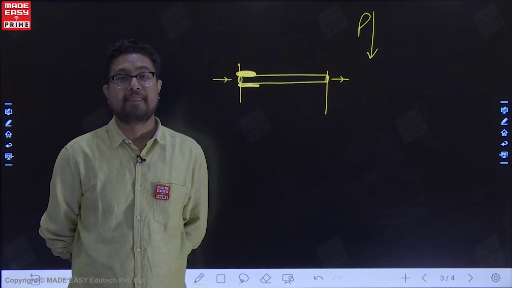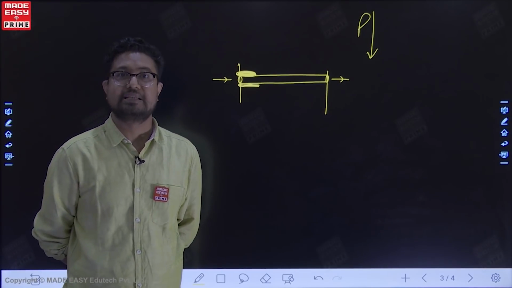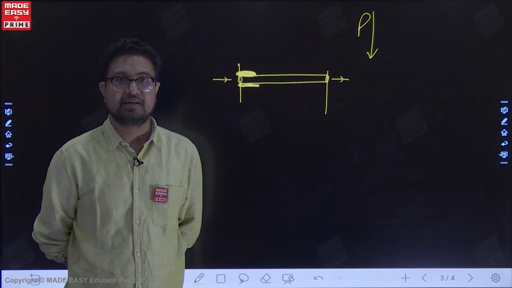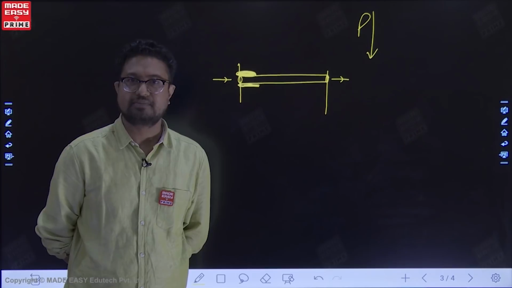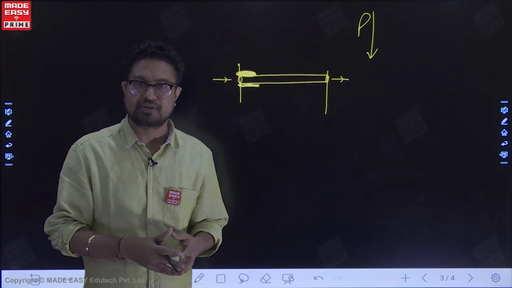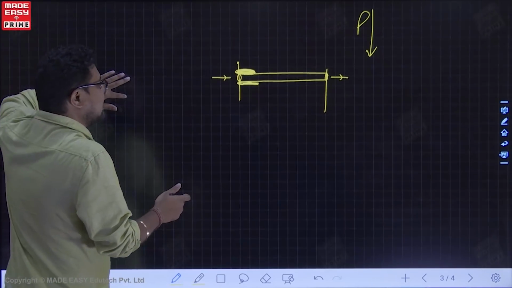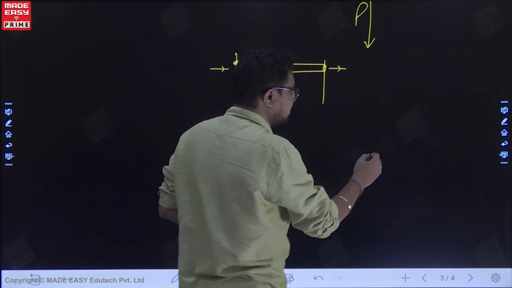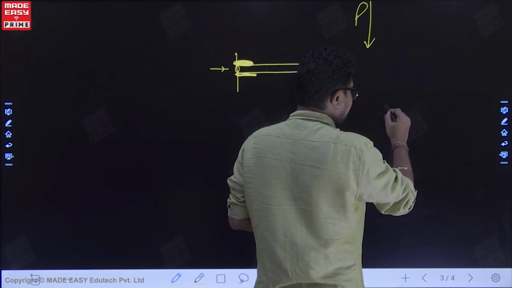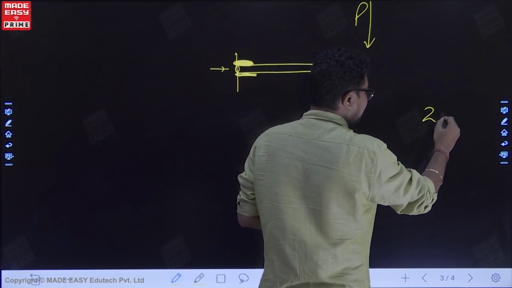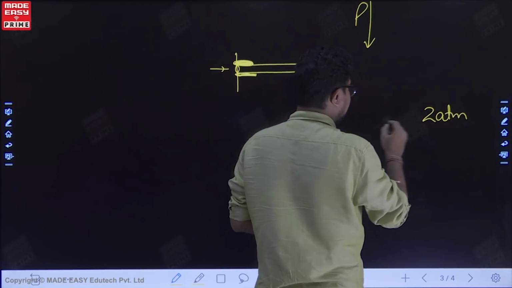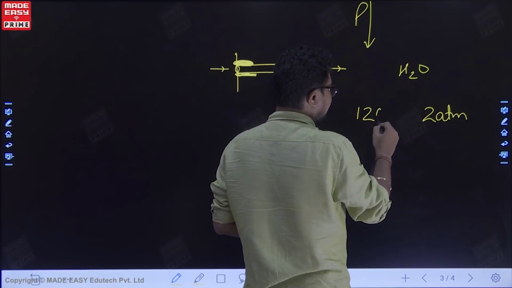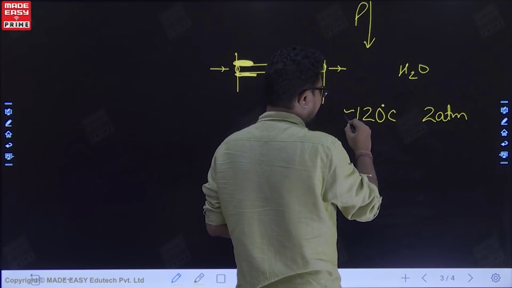Now, if the pressure is getting very low, what will we get out of it? By reducing pressure, what will we get out of it? Let us see, as the pressure drops, if we take the example of water, H2O. Suppose the water is at 2 atmosphere, the phase change temperature is around 120 degrees Celsius.